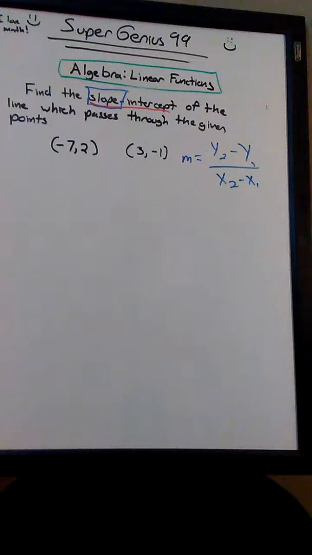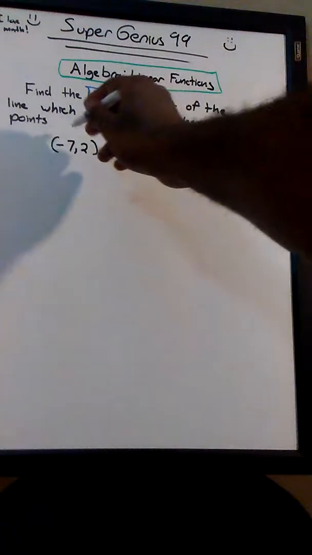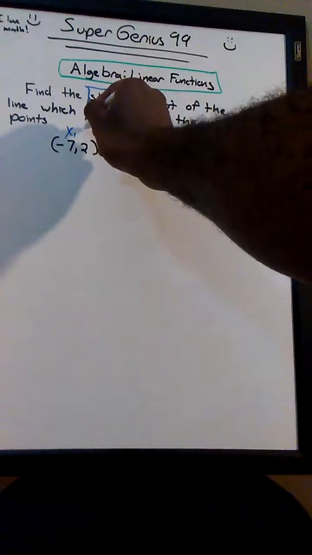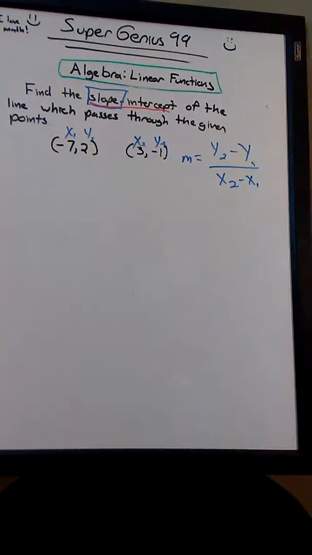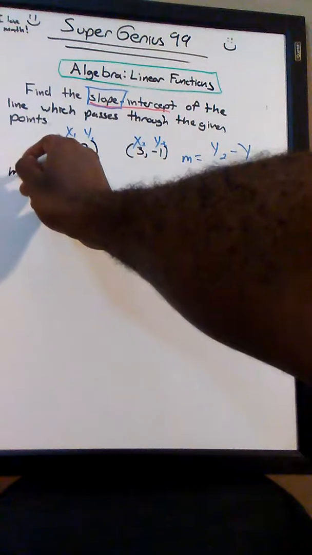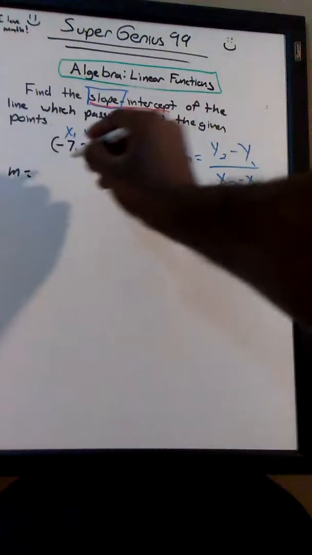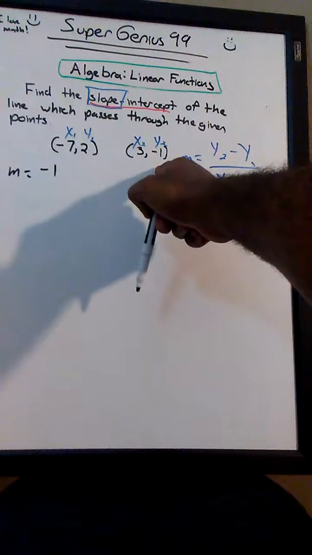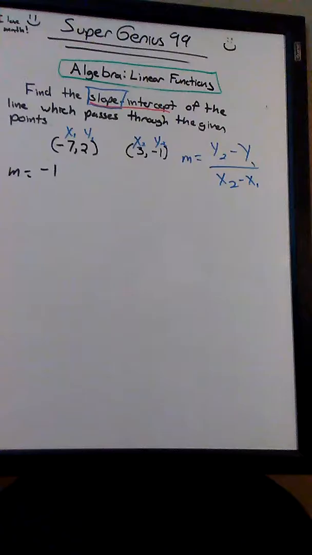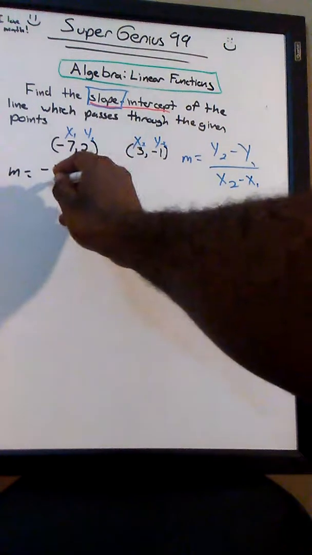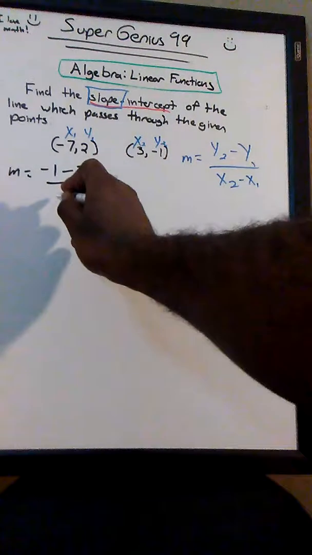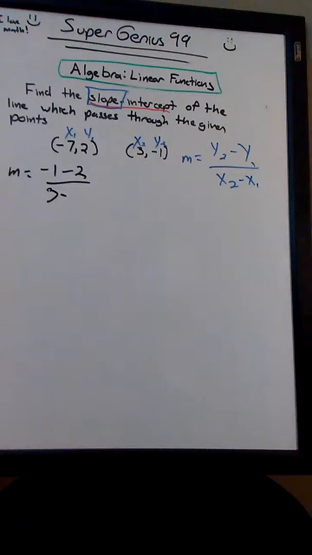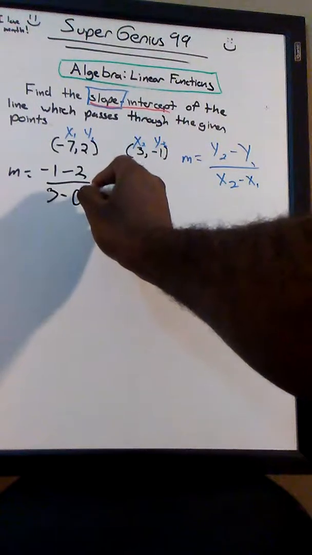So if we come over here and we label this x1, y1, x2, y2, and just use that formula over there, m, which is the slope, is equal to y2, which is negative 1, minus y1, which is 2, over x2, which is 3, minus x1, which is negative 7.